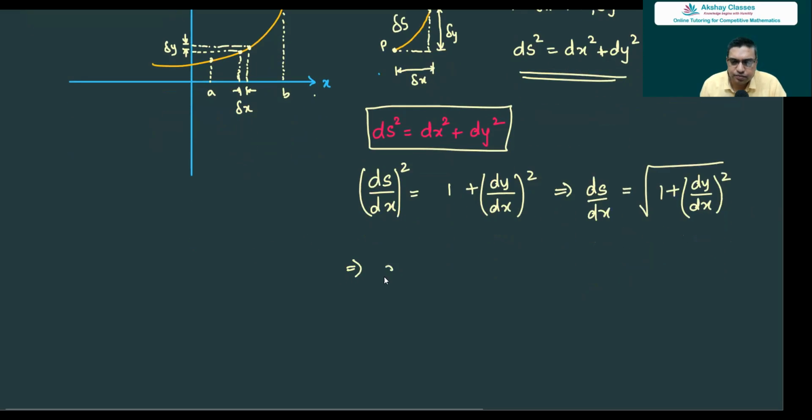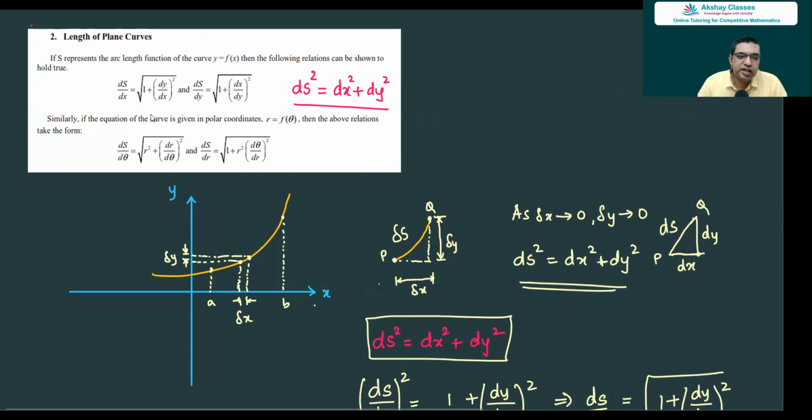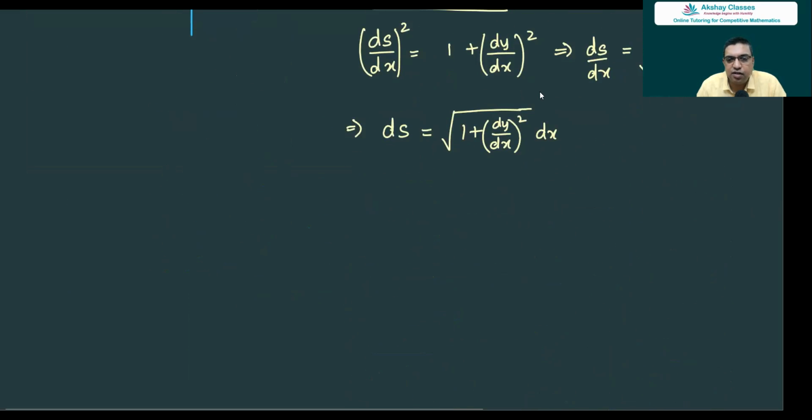This implies ds is equal to under root of 1 plus dy by dx the whole square times dx. If y is an explicit function, ds is under root of 1 plus f dash x whole square dx.